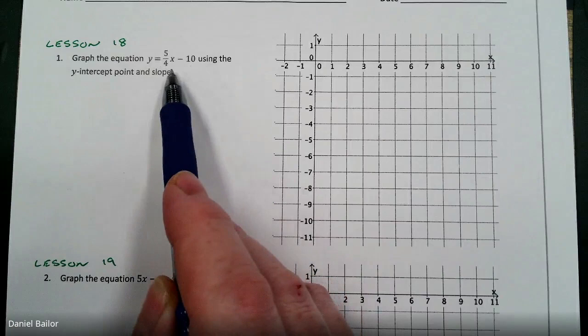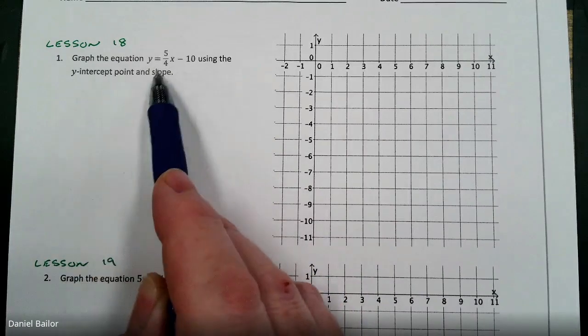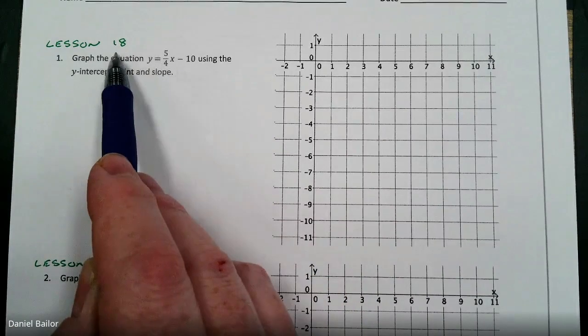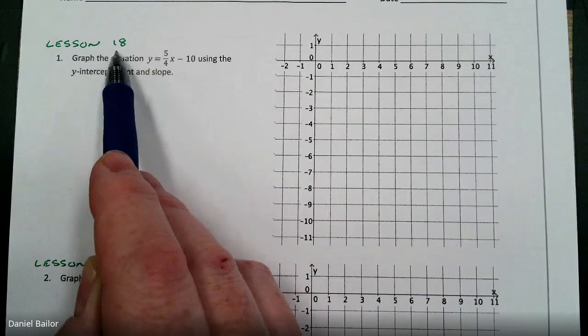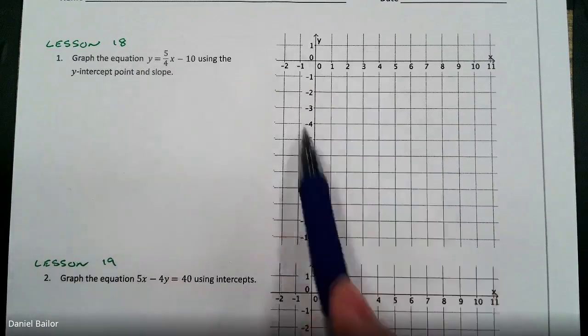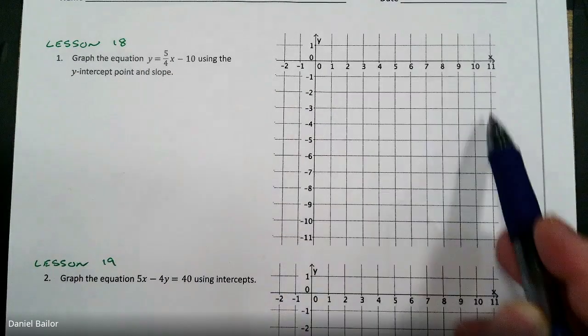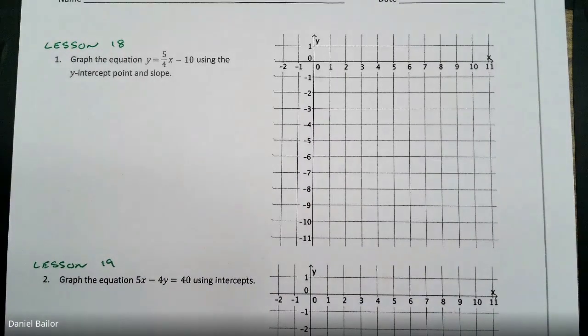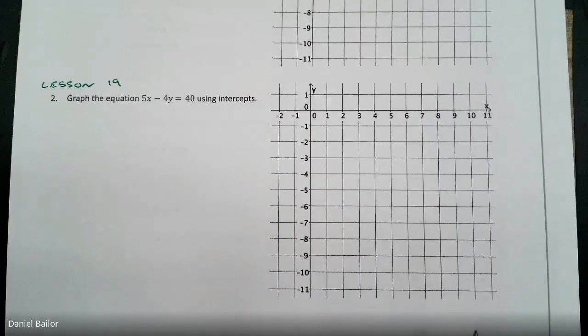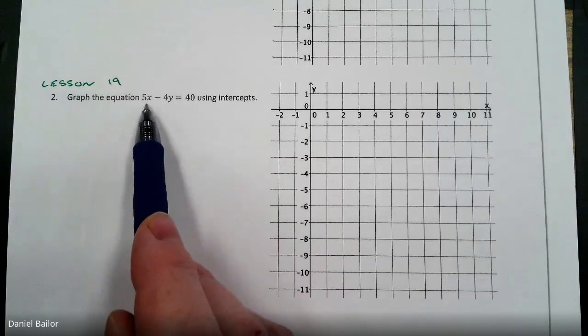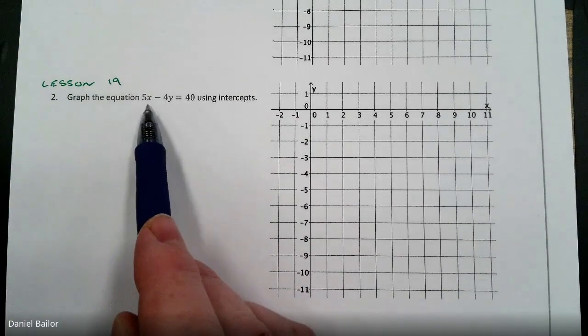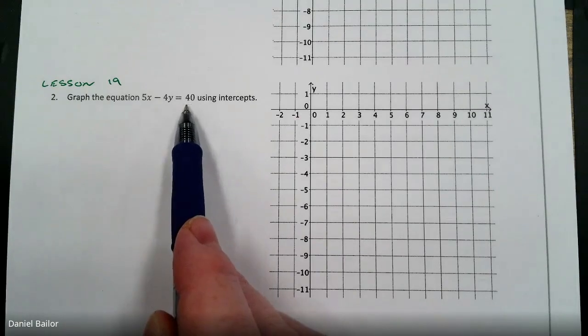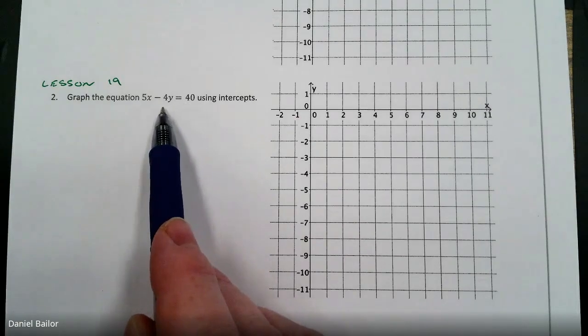So you need to use the y-intercept and the slope to graph this. That's lesson 18 skills. They already gave you room to make the graph. To practice lesson 19, today's skills, look at number 2. This equation is in standard form. So standard form, find the x-intercept, find the y-intercept, graph, and connect.